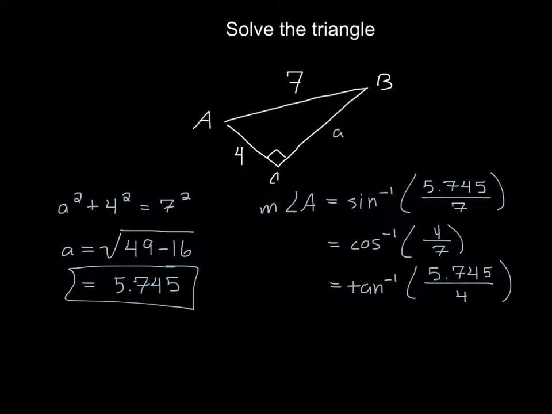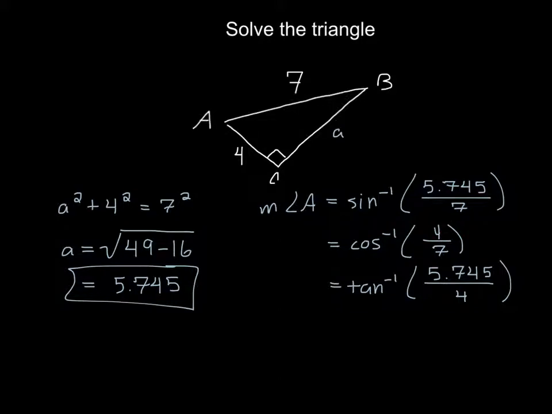You should get the same thing no matter which of those three you plug in. Now the thing is, there will be a slight difference between this answer and this one because we rounded this 5.745. But they should be really close to each other.